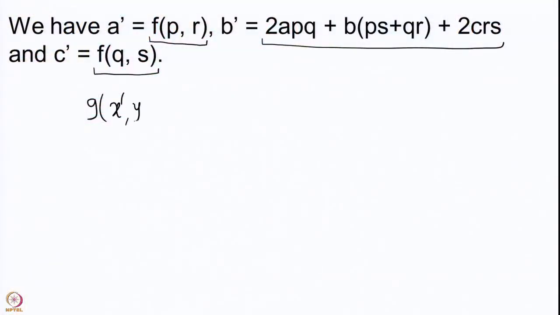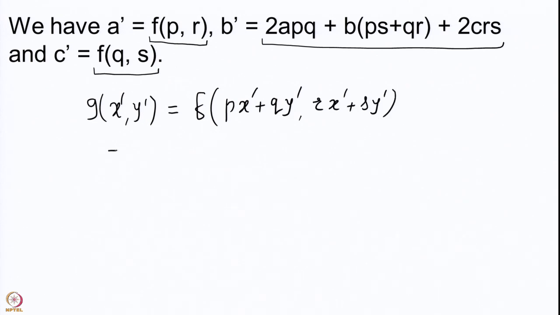So, we have that g of x prime, y prime is f of p x prime plus q y prime, r x prime plus s y prime.